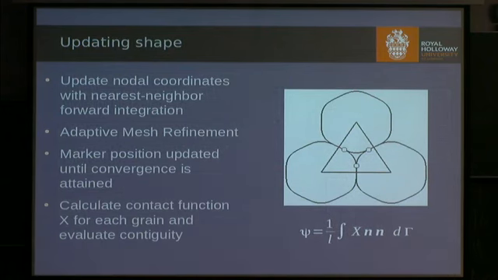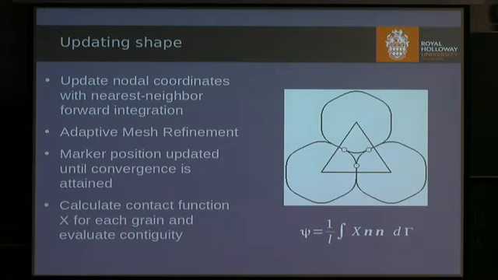And then the final part is updating the shape. So once we have solved for these velocities and we have obtained the velocity at each node on the boundary, then we use that equation that I was showing before to update the shape at each point. Steady state is reached when there are no appreciable changes in shape.